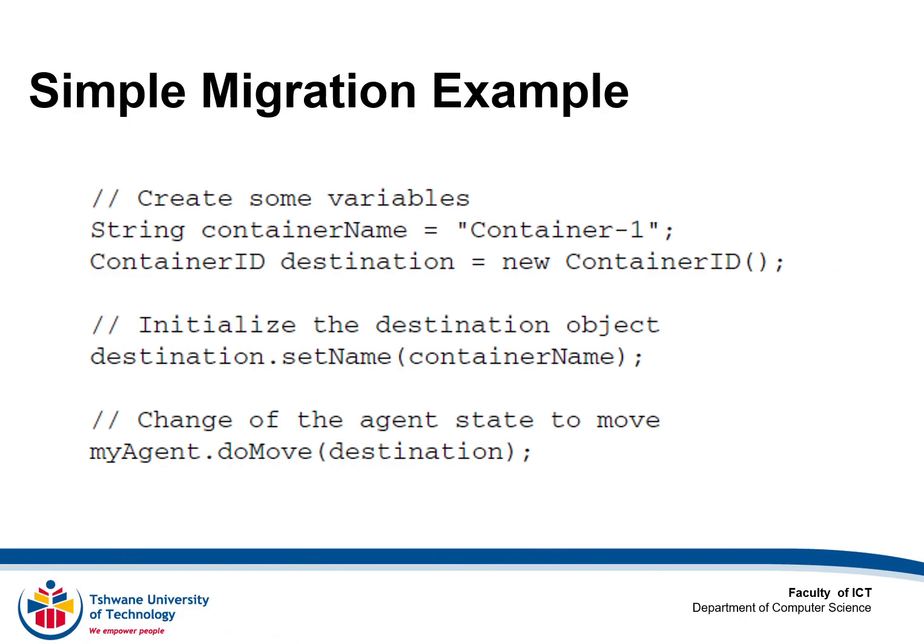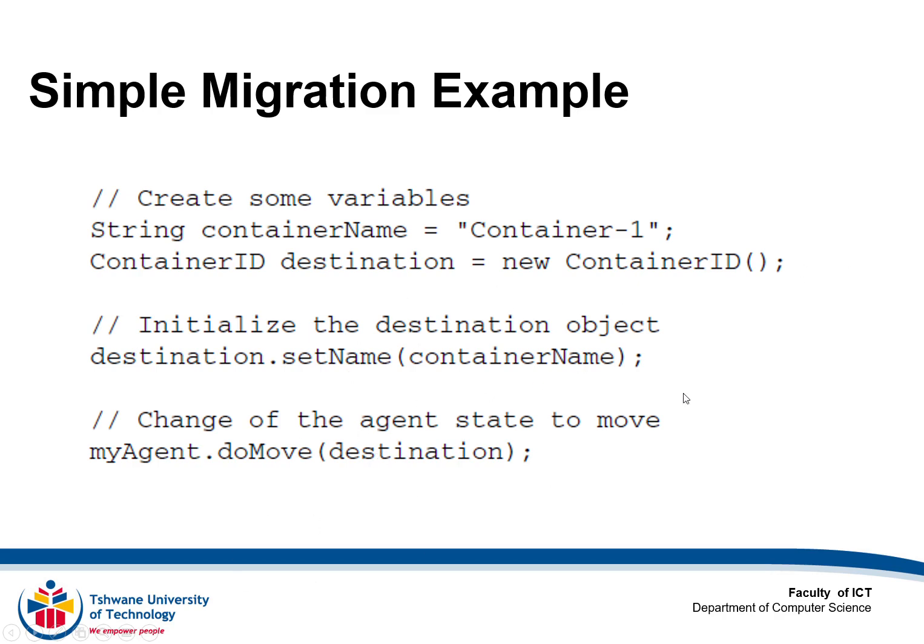When you look at basic code for a simple migration example, you would have a container here, container 1, and then you have the container ID of the destination. That is just to create some variables that will contain the information that you want to handle.